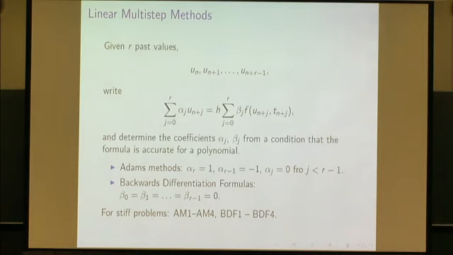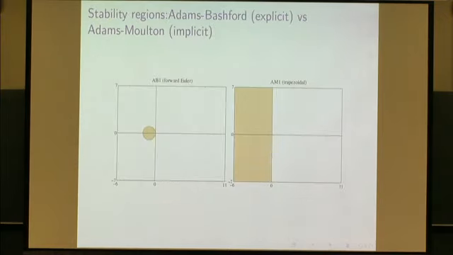And we're using linear multi-step methods, and I'm not going to go over this because my time is moving along. These are the standard formulas here. And for the stiff problem, we are sticking with the Adams-Moulton methods and the BDF, backward differentiation formula. Just to give a sense of the reason why, look at the stability region here.